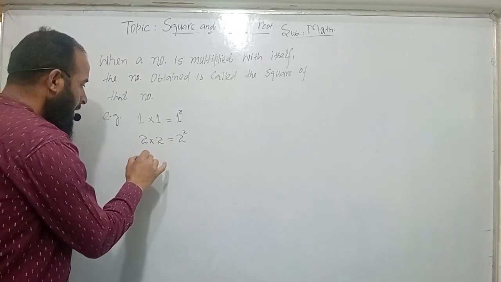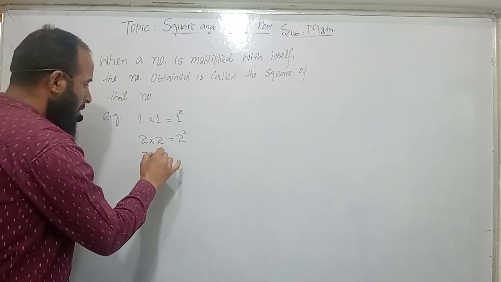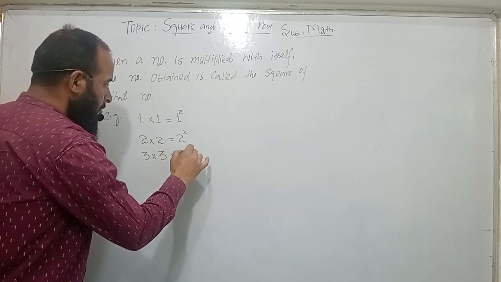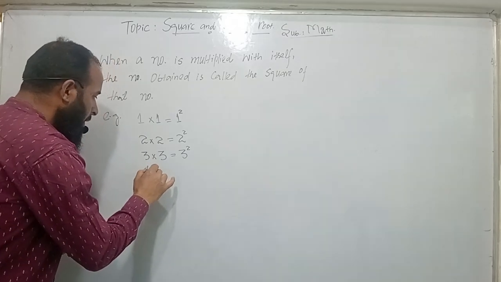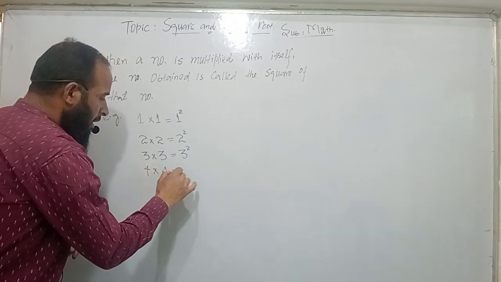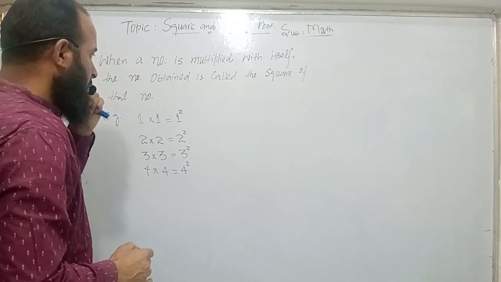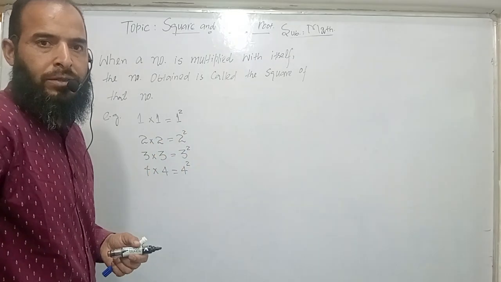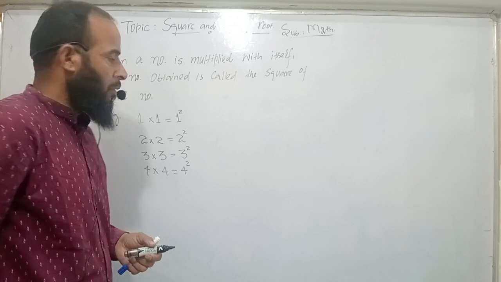Likewise, if 3 is multiplied with 3, we call it 3 square. And so on. If 4 is multiplied with itself, we call it 4 square. So, this is the number and these are the squares. Okay?